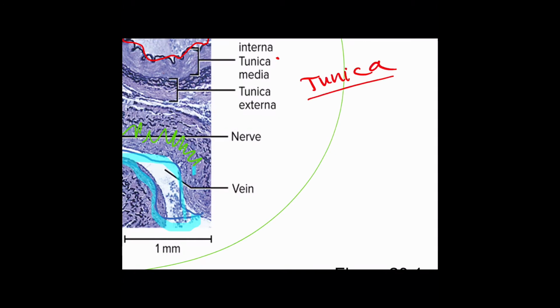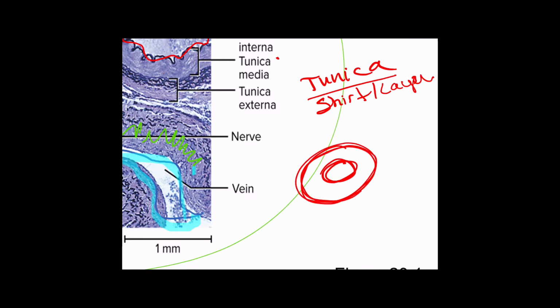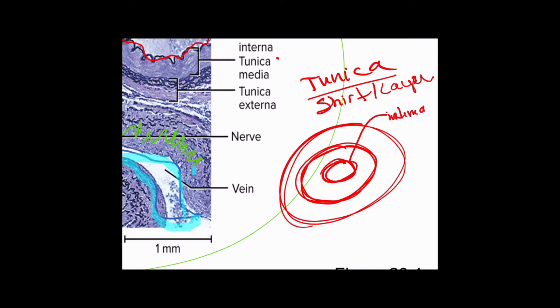Tunica. Okay, so tunic basically means shirt, like a layer, like a tunic, right? Those of you who might know what that is. And so there's an inner one, a middle one, and then the outer one, right? The inner one is where you would have your most intimate, the closest layer. So this is intima, right?